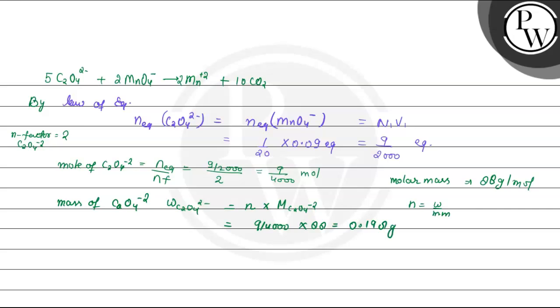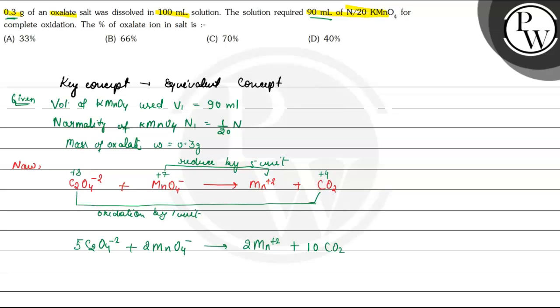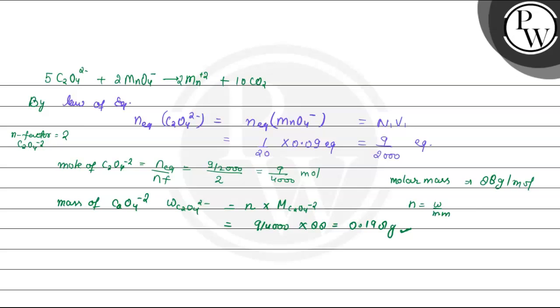It comes out to 0.198 gram. So basically this is the weight which we calculated, and in the question we have 0.3 gram of oxalate given. So the mass percentage of C2O4 2 minus is equal to calculated weight upon total weight into 100, which is 0.198 gram upon 0.3 into 100.